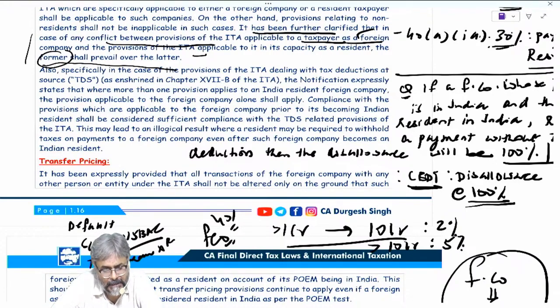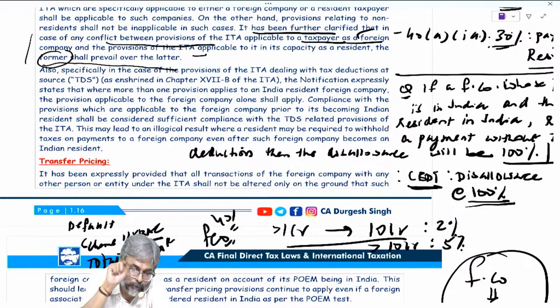Remember, special income is subject to a special rate of tax. Therefore, first you apply the special rate on that special income, and on the balance total income, apply the slab rate up to 3 lakhs, then 3 lakh to 6 lakh, and so on and so forth on the balance total income.